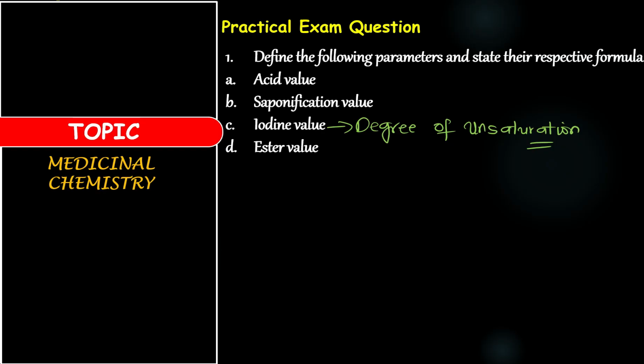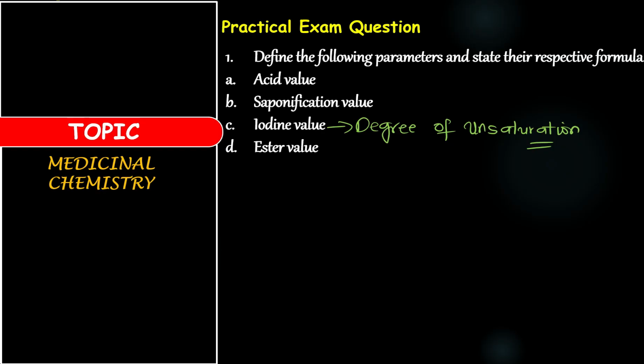It is expressed as the number of grams of iodine that can be absorbed by 100 grams of the substance. Just know that the iodine value is used to determine the amount of unsaturation in a substance, particularly in fat and oil.